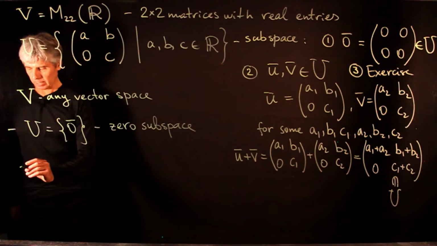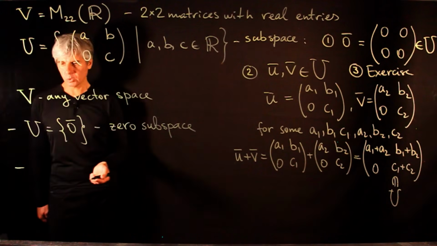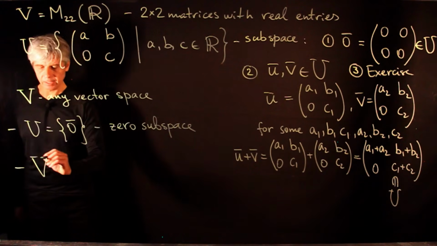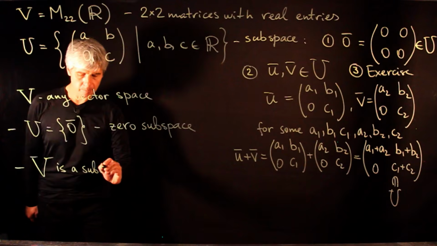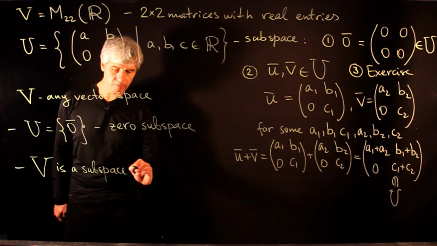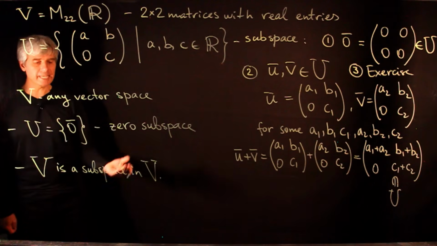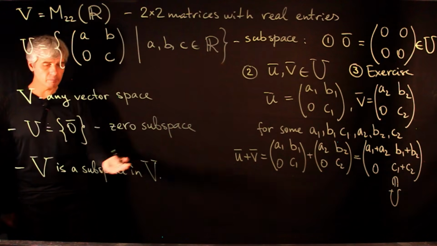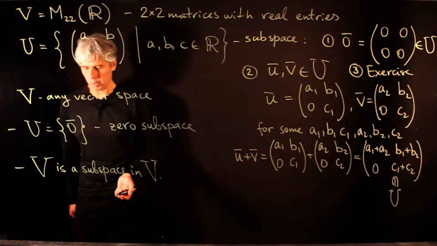Another subspace that we can construct, which is also not very interesting, is V itself, a subspace in V. So we can take the whole set as a subset, and then clearly it will satisfy all properties of a subspace because it's closed under all operations.